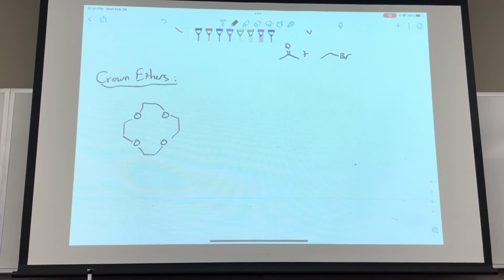And the way we name these is you're going to give the total number of atoms in the ring, you're going to use the word crown, and then the number of oxygen atoms. So for instance, this one here, in total, the entire number of atoms in the ring would be 1, 2, 12.